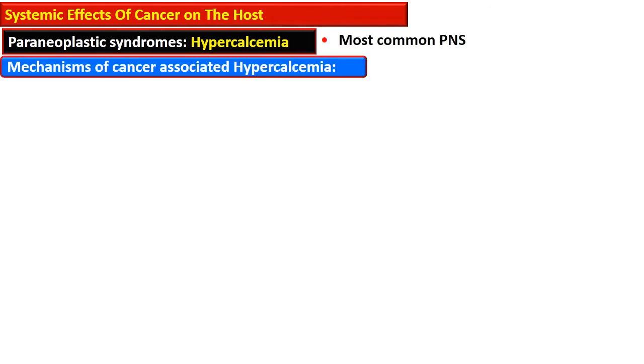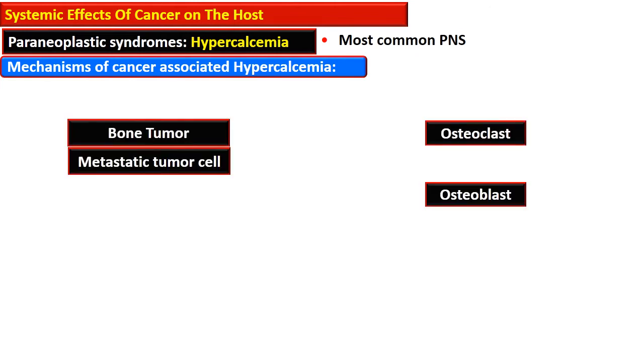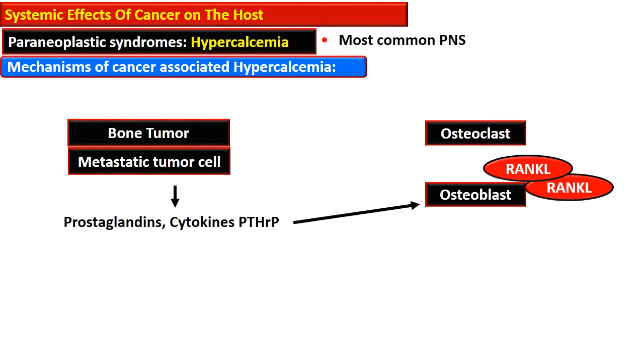Hypercalcemia is the most common manifestation of the paraneoplastic syndrome. There are two mechanisms of cancer-associated hypercalcemia. One is the mechanism in which the bone tumor, metastatic or primary, lives in the vicinity of the osteoclast, osteoblast, and stromal cell.